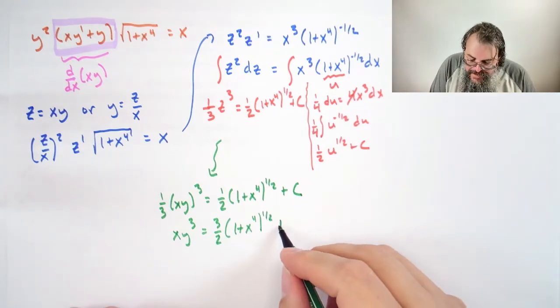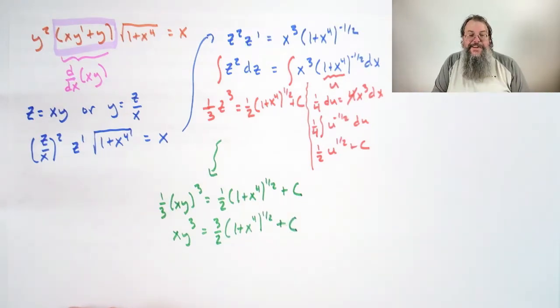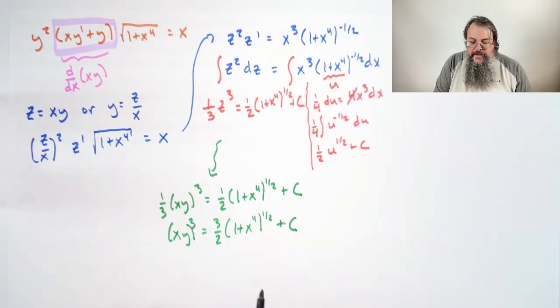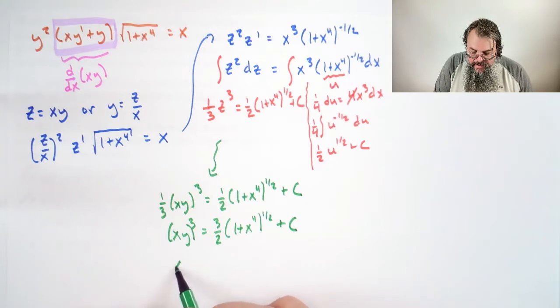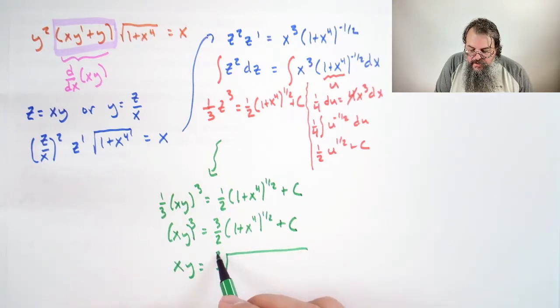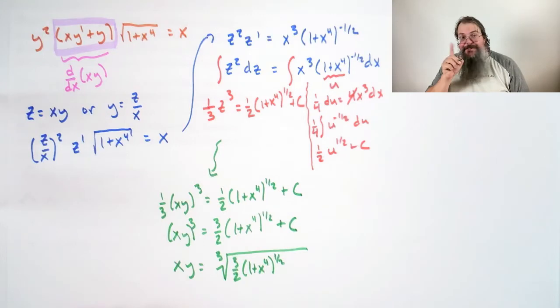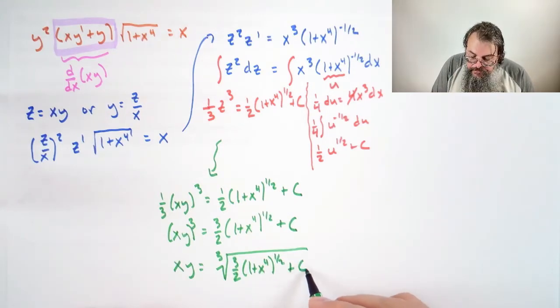So constants absorb constants. I'm really good at that. I forgot to put my parentheses over here. Take the cubed root. x times y is the cubed root of 3/2 times 1 plus x to the 4th to the 1/2, excuse me, plus c.